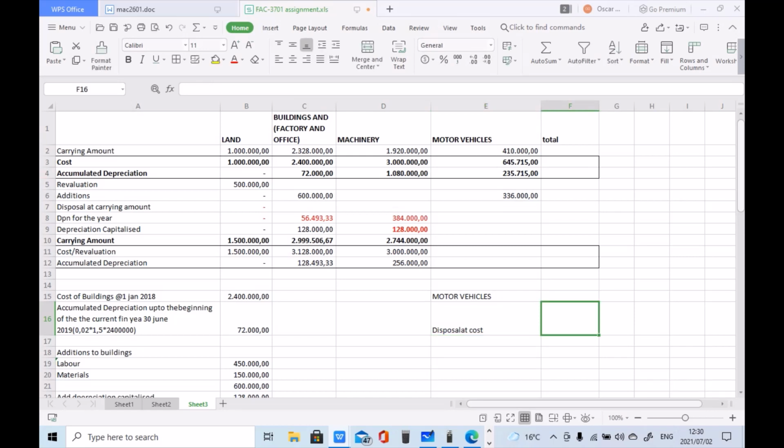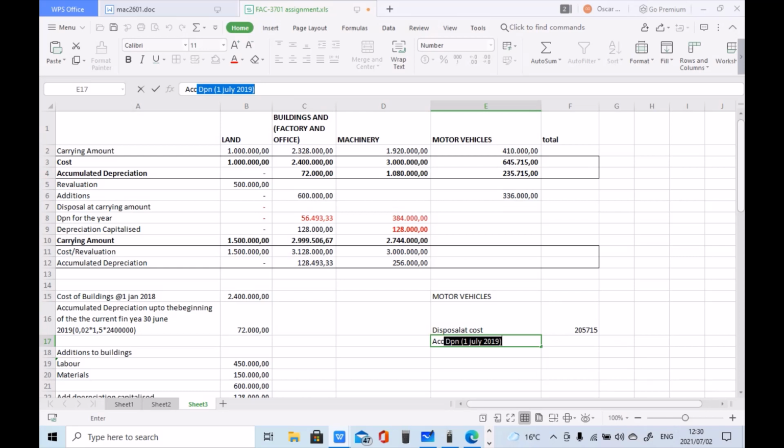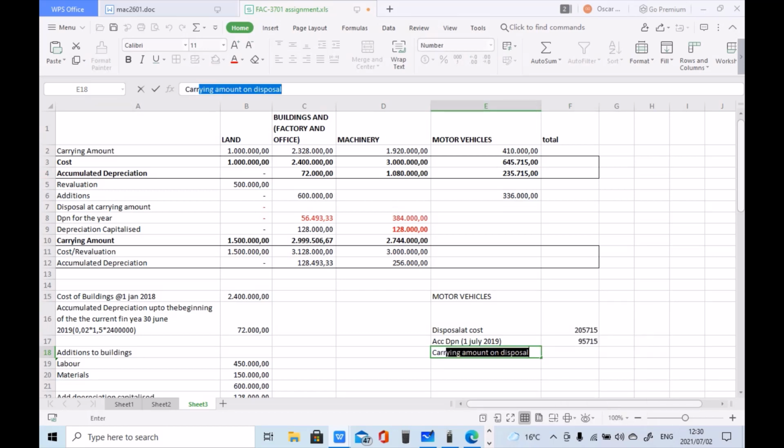The disposal at a cost of 205,715, like I said, and then accumulated depreciation on 1 July 2019 for the asset that was disposed, which is at the beginning of the year. It was given as 95,715, which means the carrying amount on the vehicle that was disposed is the difference between the two.